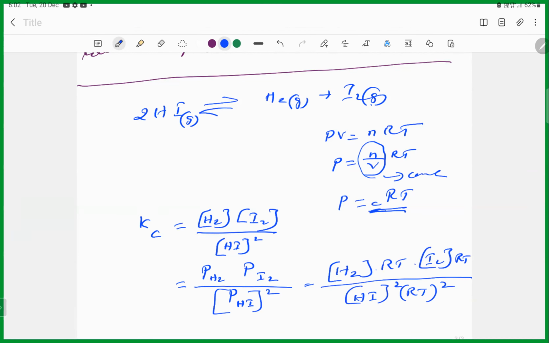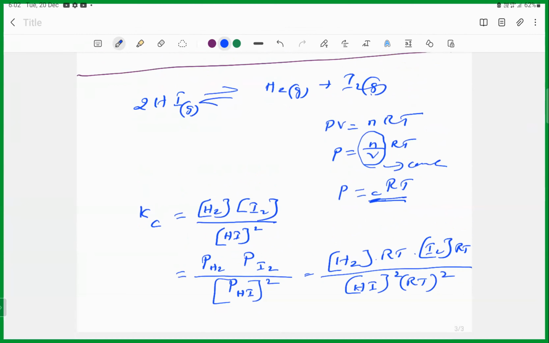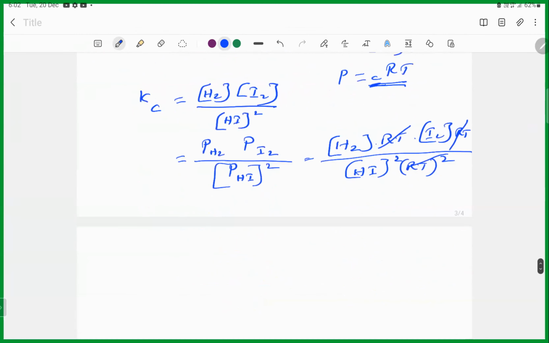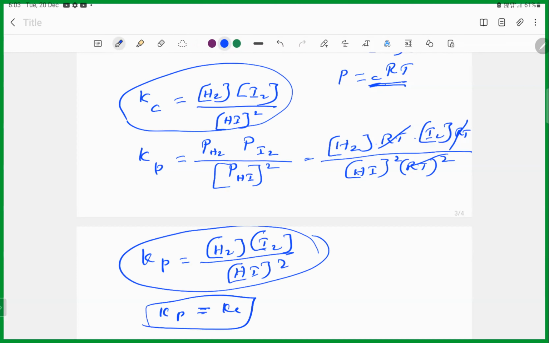Say yes or no. So the RT squared cancels out, and this becomes Kp. Kp is equal to hydrogen concentration, iodine concentration, divided by hydrogen iodide concentration the whole squared. If you look at this and then this, both are the same, no? Then Kp is equal to Kc.